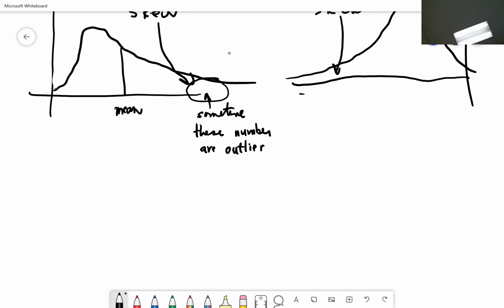They're a little bit bigger, but regardless, they skew the data to the right and pull the mean to the right. The median is not as affected by it, so it lags a little bit behind the mean. And the mode is the one that's most repeated, so it's the peak right here.